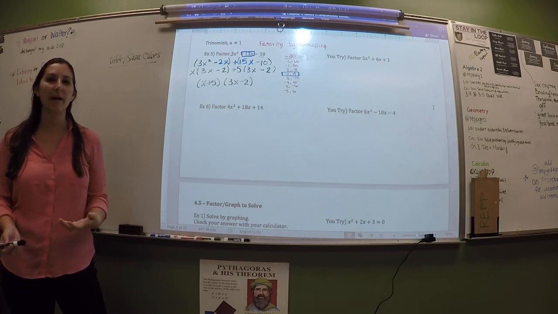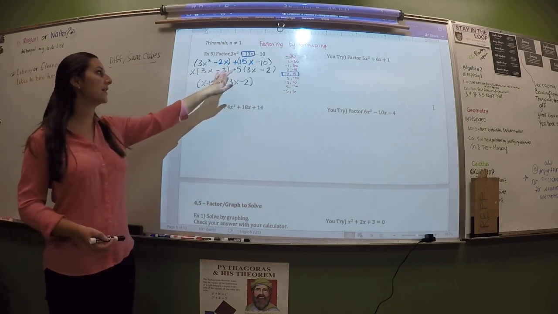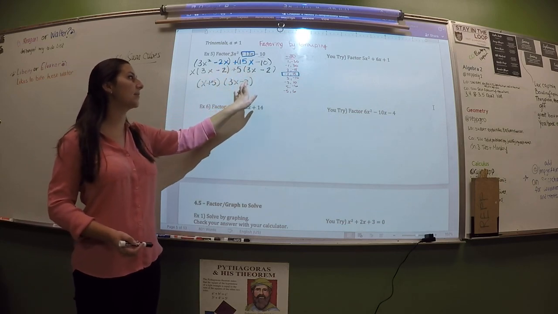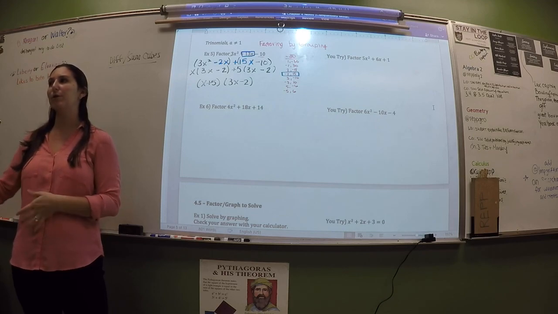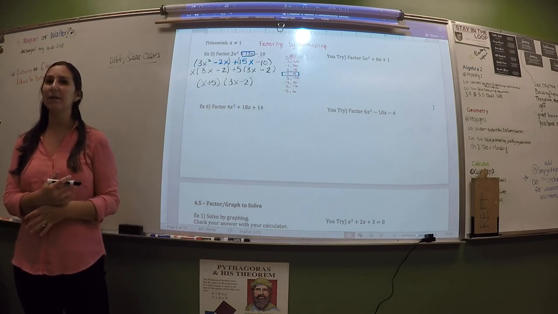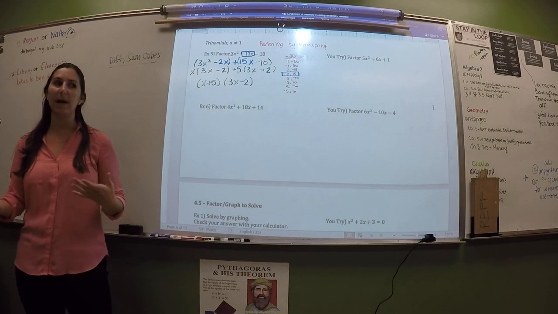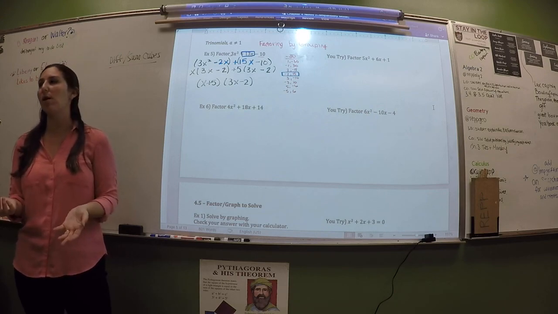And then whatever's outside becomes 1 factor, whatever is inside becomes another factor, again because of the distributive property. We're just using it backwards. So all factoring is basically the distributive property backwards, but more complicated.